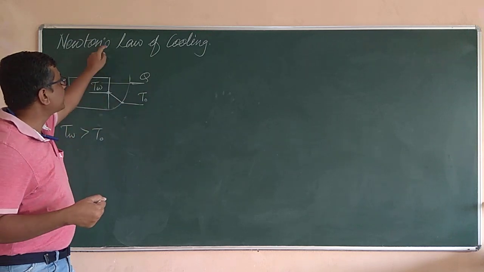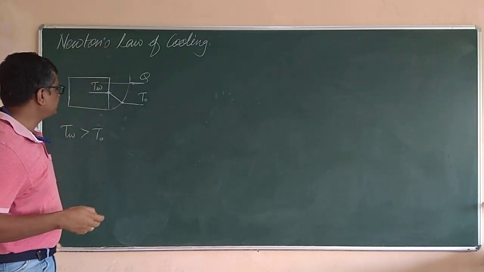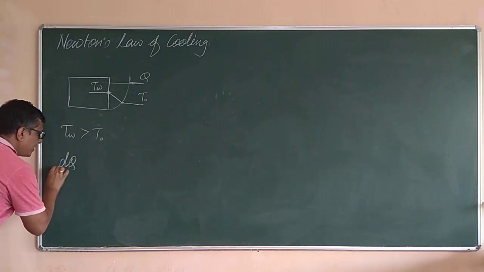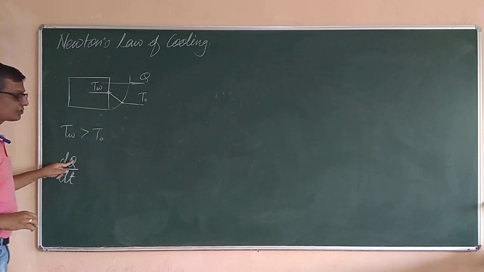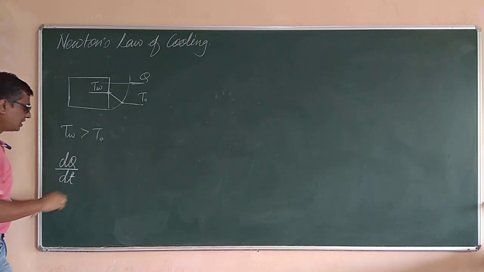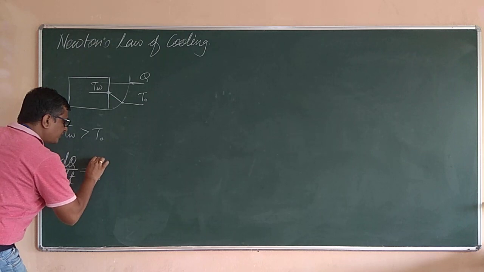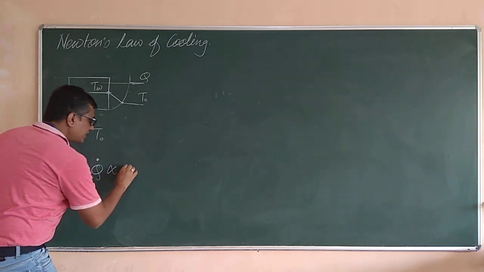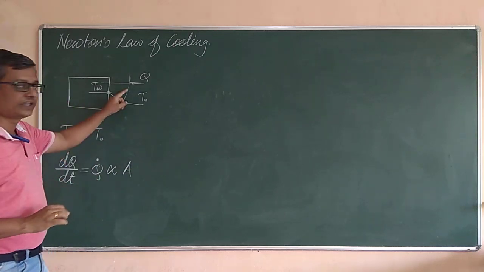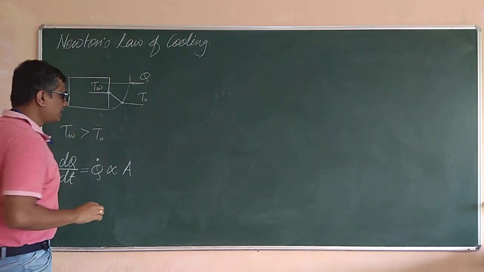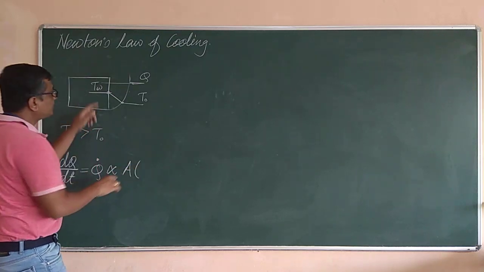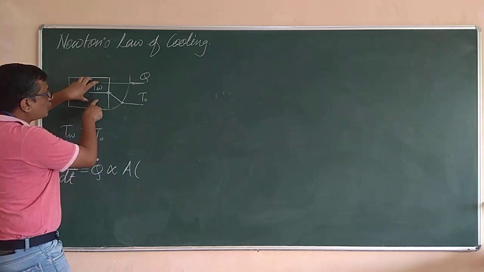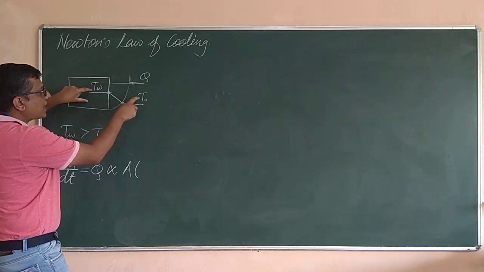That rate is given by Sir Isaac Newton, and it says that the rate of heat transfer, that is dq by dt, the rate of transfer of heat energy to the surrounding with respect to time, let us say it as q dot, is directly proportional to the surface area which is normal to the direction of flow of heat, obviously the total surface area, and the temperature difference of that body to the surrounding fluid. So the temperature difference of this body and the surrounding fluid will be TW minus T0.